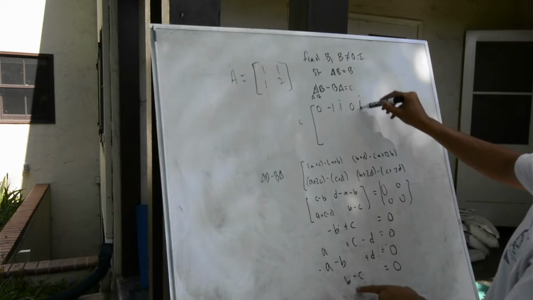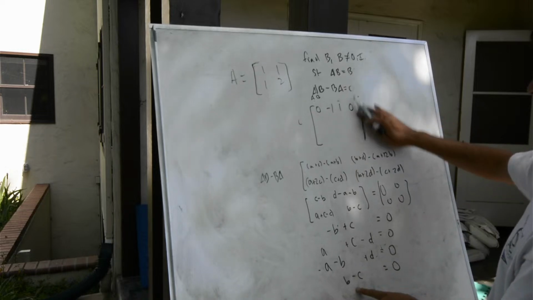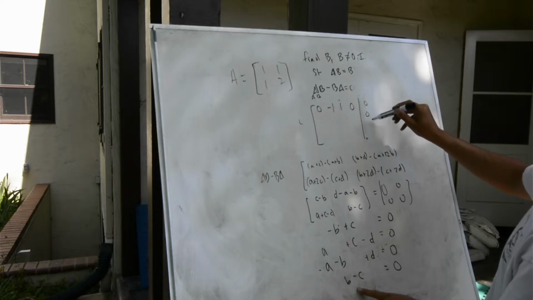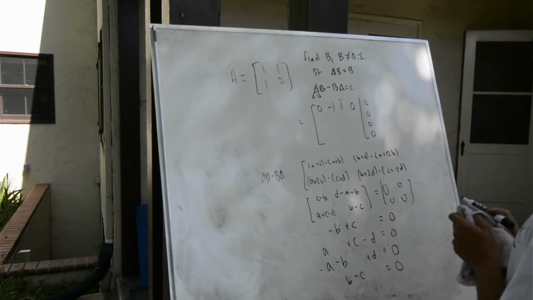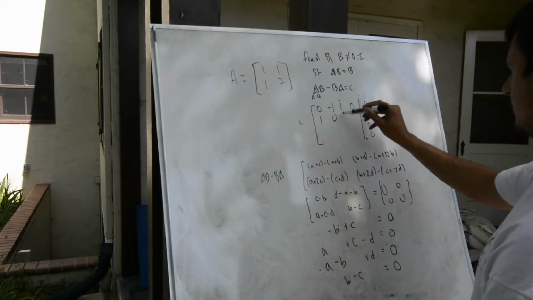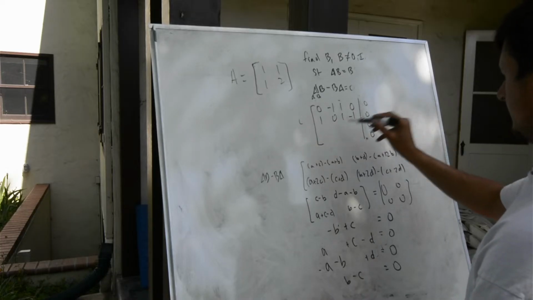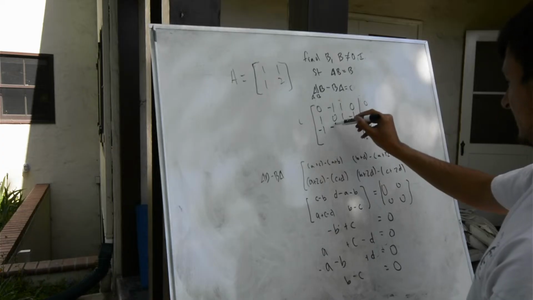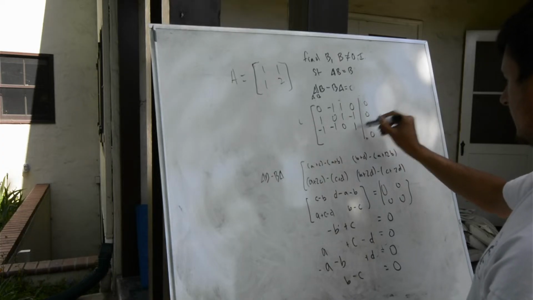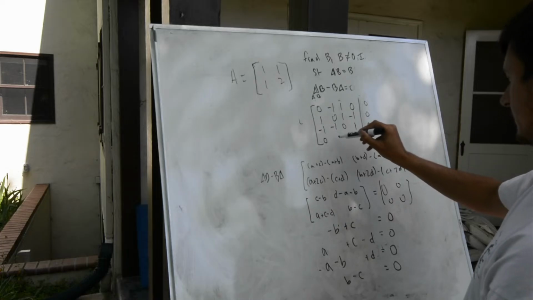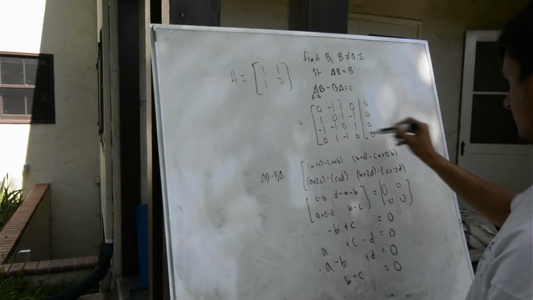Then I guess we could do the augmented. Then this is going to be 1, 0, 1, minus 1. This is going to be minus 1, minus 1, 0, 1. 0, 1, minus 1.